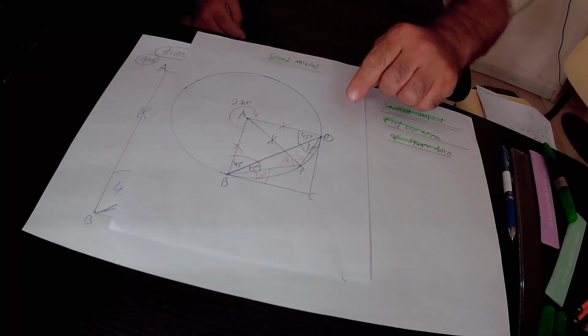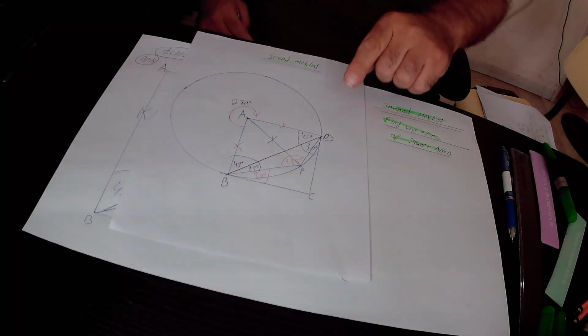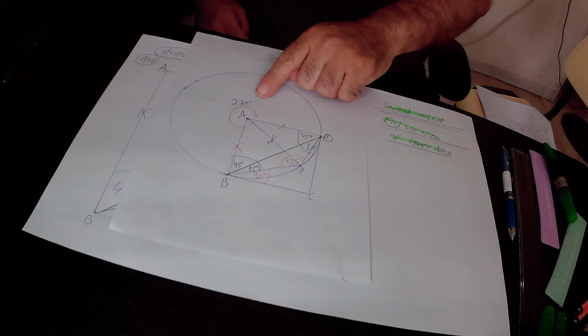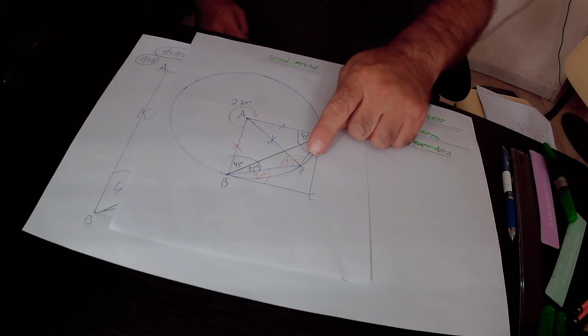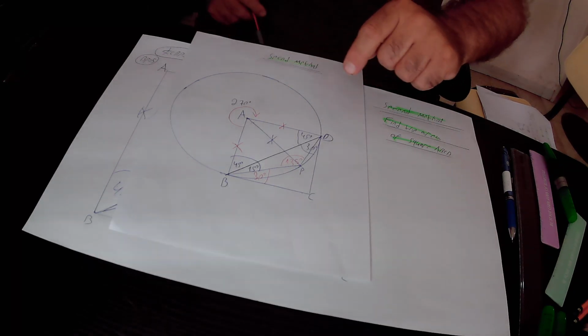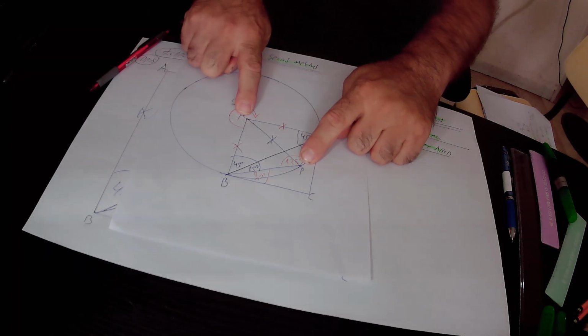Likewise, we have this angle DBP, which equals 135 degrees in size. It is half of the size of this angle: 270 degrees over 2 is 135 degrees, and it subtends the same chord DB. So those two angles are both subtended on the same chord called DB.